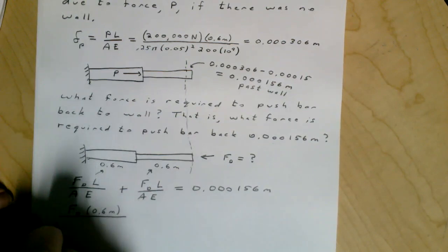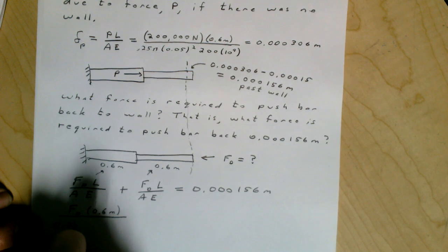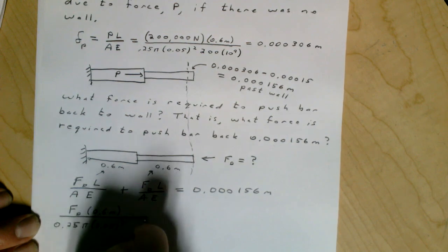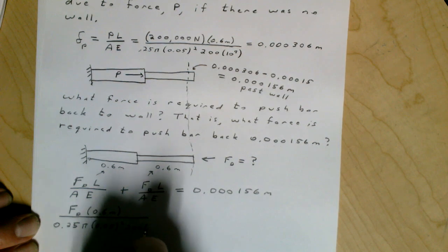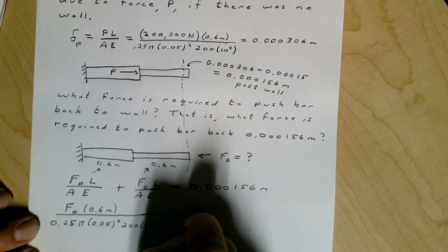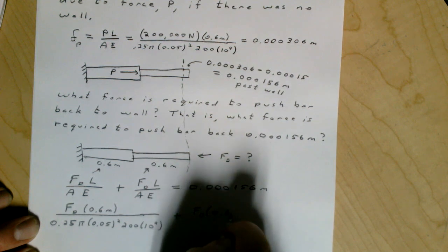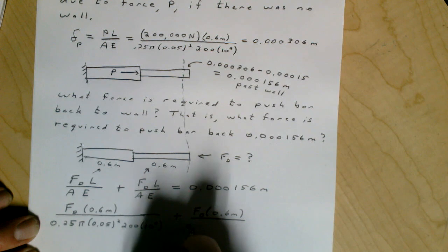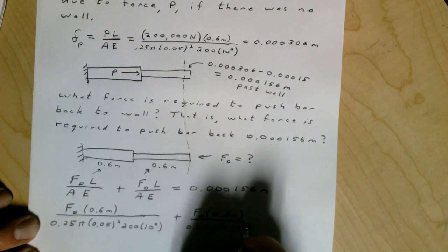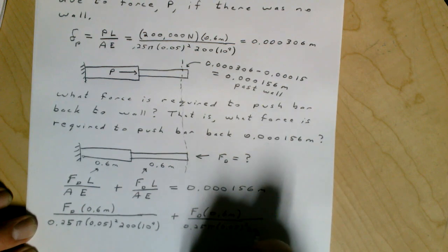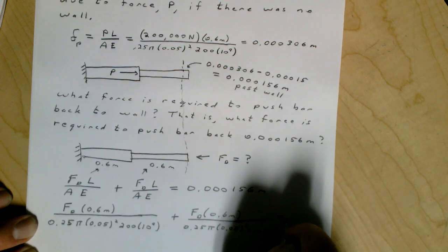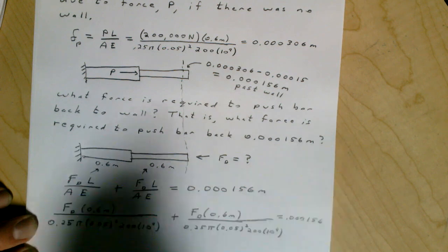So the area of that face right there is going to be 0.25 pi 0.05 squared, times 200 times 10 to the 9th, plus F_D times 0.6 meters, 0.25 pi 0.05 squared, 200 times 10 to the 9th. And that's equal to that 0.00156.